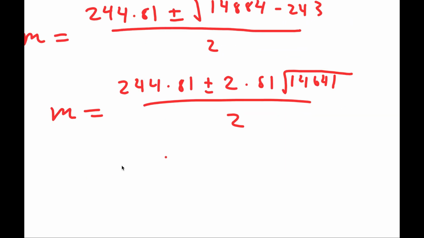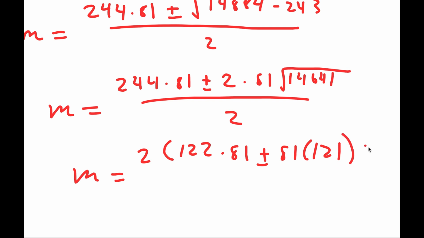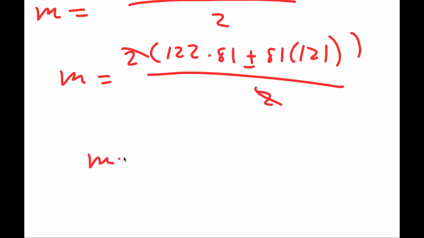All over 2. Actually, I can factor out 2 from this first, so I get 2 times 122 times 81 plus or minus 81 times 121 over 2, and then these two cancel out, so I'm left with 122 times 81 plus or minus 81 times 121.